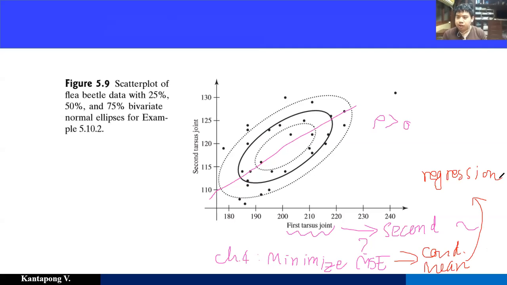So if we plot this together, you could see that if there is some relationship between them, we could use one variable to predict the other one. And this is the technique that data scientists usually do when they first explore the data to see the relationship between each pair of the variables.